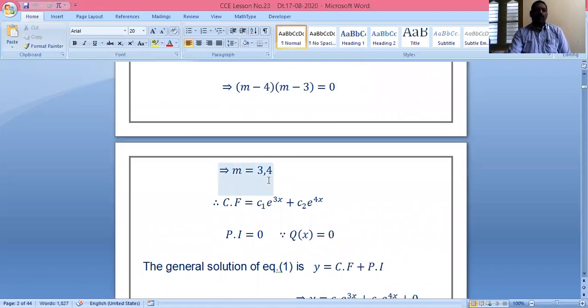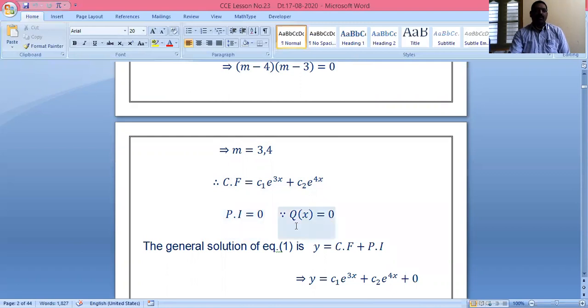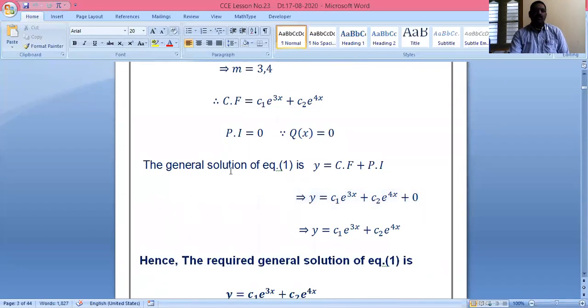Here two roots are real numbers and are distinct. Therefore, the CF is equal to C1 into e power 3x plus C2 into e power 4x. Since q of x is equal to 0, therefore PI is also 0. Since the given differential equation is homogeneous when q of x is equal to 0, the general solution of equation 1 is y is equal to CF plus PI.